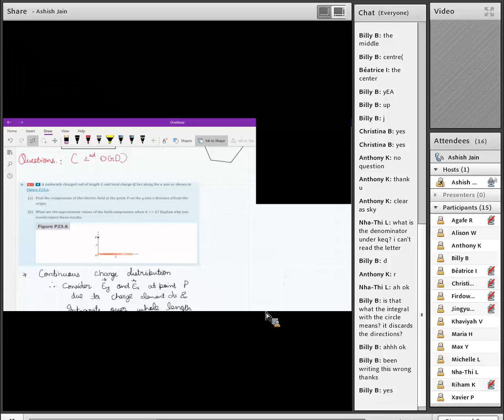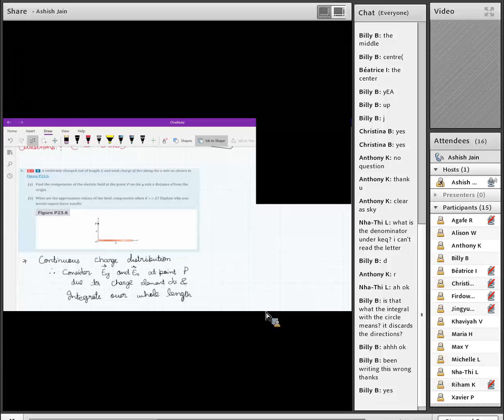This is the question you guys have comments about. A uniformly charged rod of length L and total charge Q lies along the x-axis as shown. A uniformly charged rod means it is a continuous charge distribution, which means you have to apply integrals.